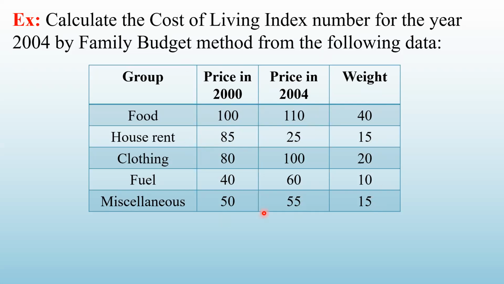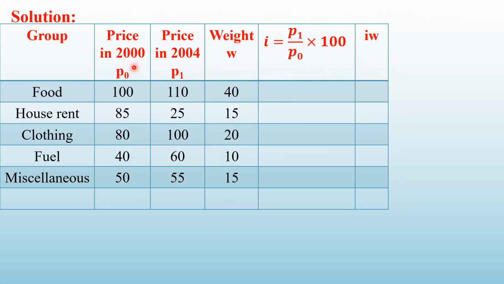So this table I have just copied here and given the notations. Okay, the same table. Prices in 2000, which I am considering as the base year, will be denoted by P0. The second column will be denoted by P1, and the weight we denote by W. Now what is our cost of living index number?